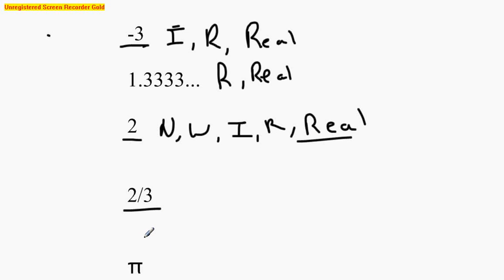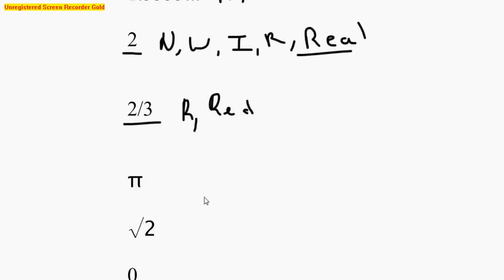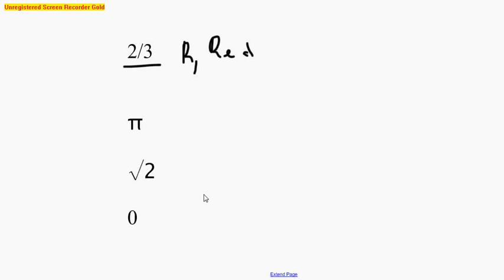It can't be natural, can't be a whole, and it can't be an integer, because those can't be written as a fraction, but it is a rational number, because it's written as a fraction. So it's a rational and a real. Okay. Go on here. Pi, whenever you see pi, that one should always come out to you. Pi is an irrational number.